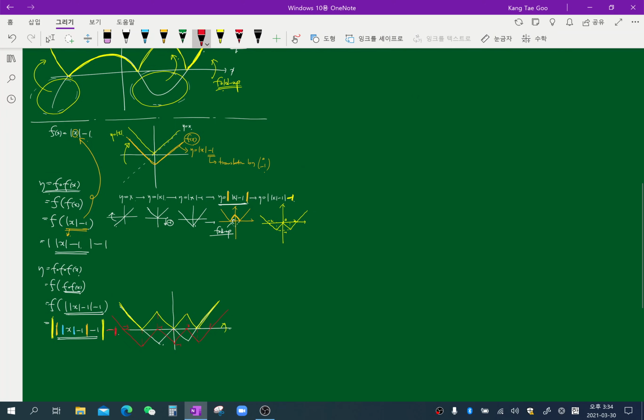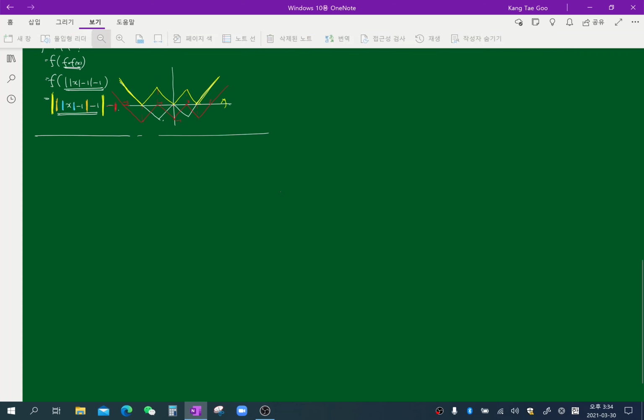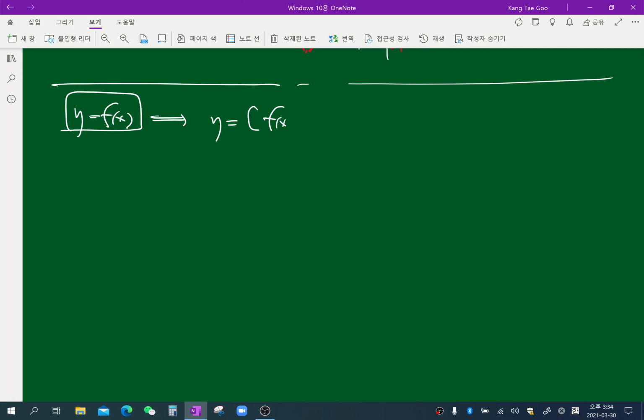Since we did the absolute value sign graph, the next example I can give you is how to draw the scale. Y is f(x). Okay, we have this graph. Then how can we draw y equals f(x) squared? Okay, let's think.